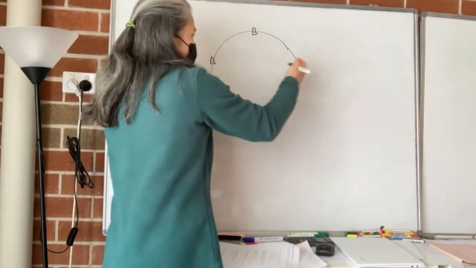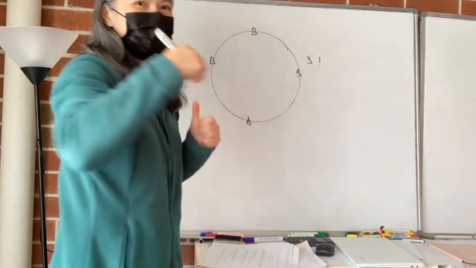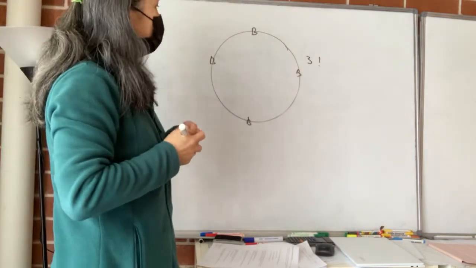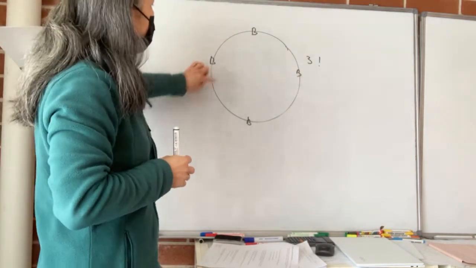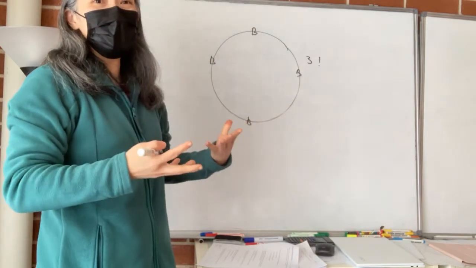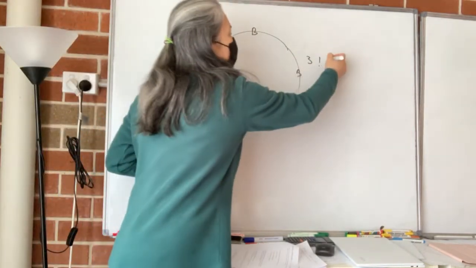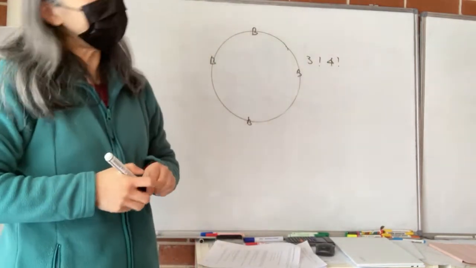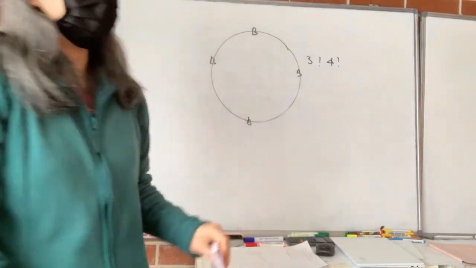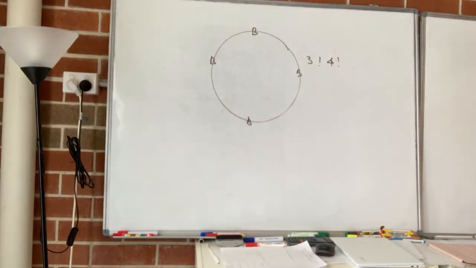That means you are going to have 3 factorial. Agree? And then where can the girls go? The girls must go into these gaps. So that means, done. That's it? That's it. We arrange them, they sit down, we are done. Our job is done.